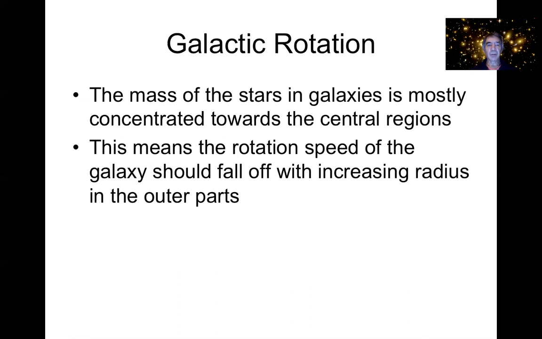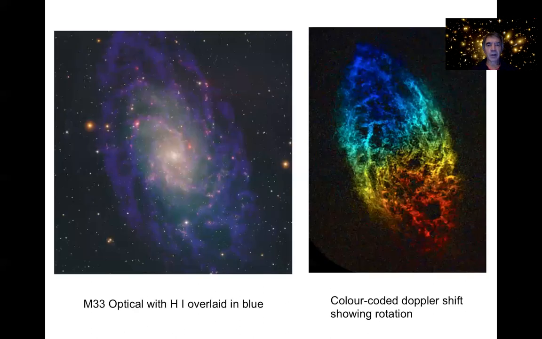If there's no more increasing mass, then all of the mass of the galaxy would in effect be acting through a center of mass at the center of the galaxy, and therefore it should start to fall off. So just a reminder, I showed this in workshop 5 as one way of measuring the rotation of a galaxy.